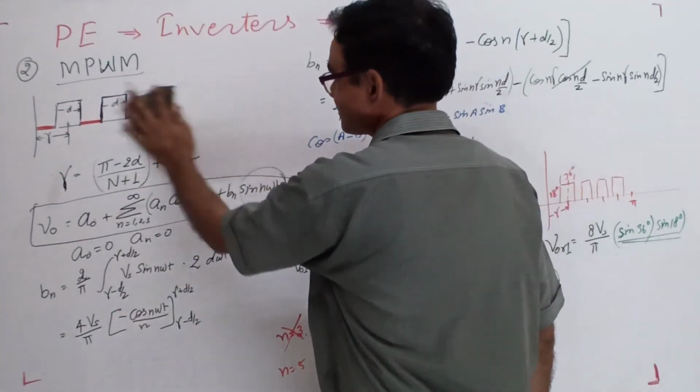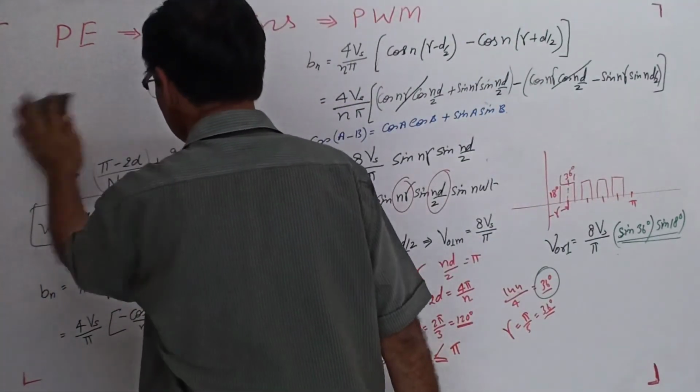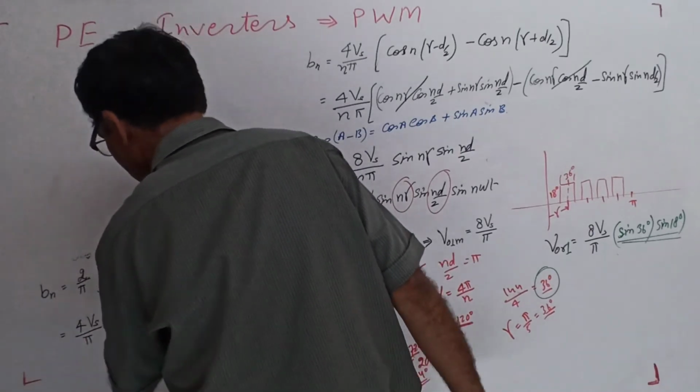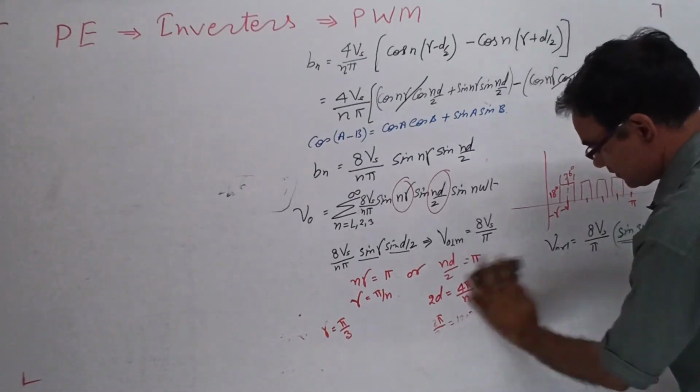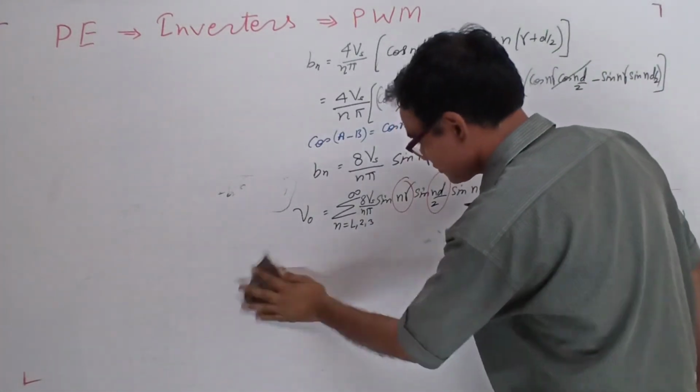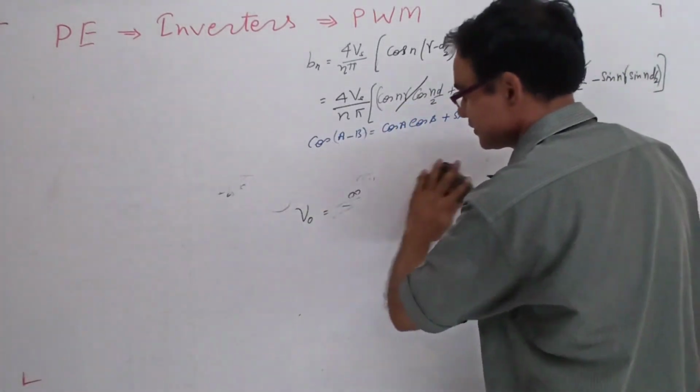Okay, then the third method, that is sinusoidal pulse width modulation. Third method, sinusoidal pulse width modulation techniques.